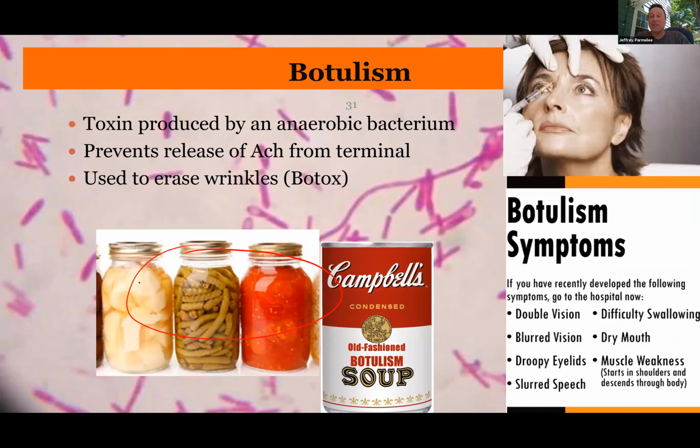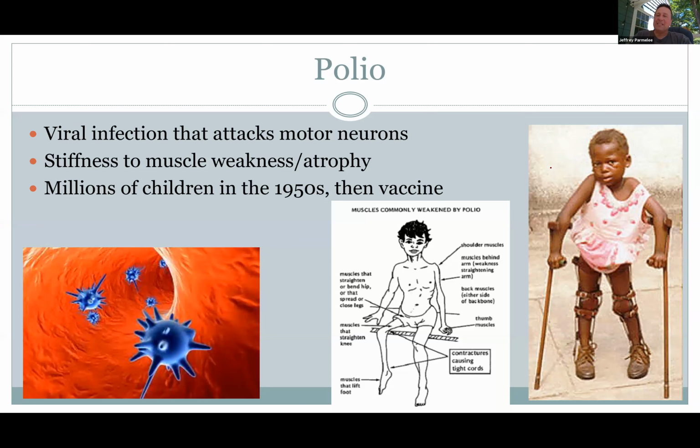It's anaerobic, so it likes no oxygen, and it causes paralysis. Botulism is life-threatening, and it's going to paralyze your breathing muscles, all your muscles. We use it now cosmetically too, to paralyze muscles so you don't have wrinkles. It's not in your book either.